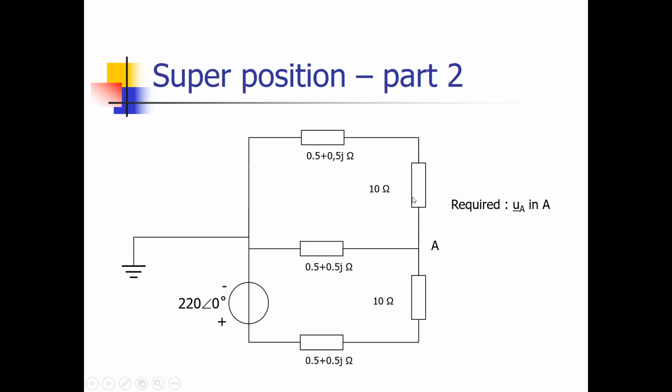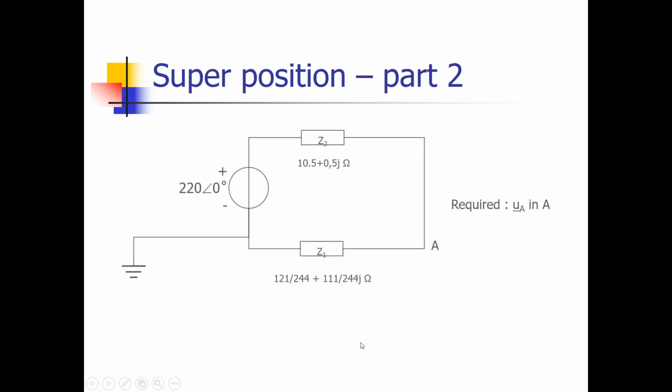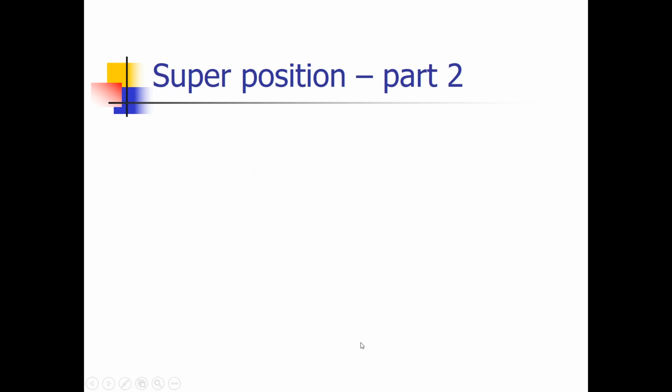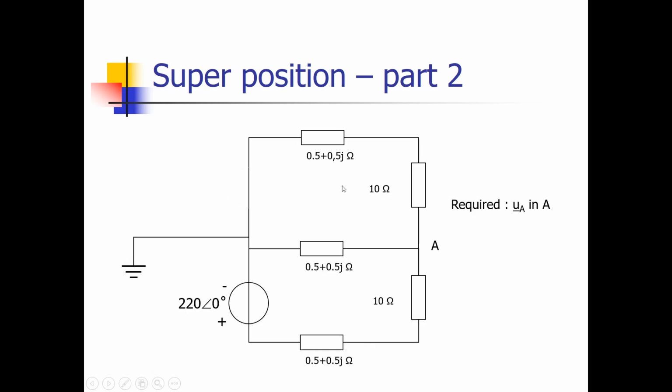We are going to replace these two impedances by one impedance by adding them up. We are doing the same over here. And when we have done that, we can replace this series impedance and that impedance by using the parallel formula, which says that 1 over the total replacement impedance is 1 over this impedance plus 1 over that impedance.